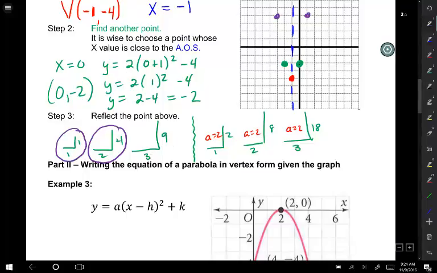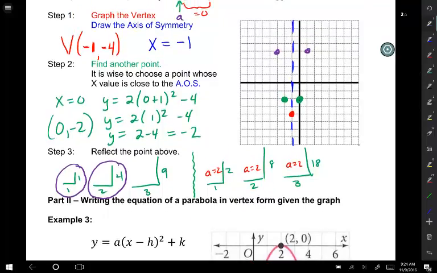And (3, 9) stretched vertically becomes (3, 18). You with me? Now, we could shrink it as well if it was like a 1/2 or a 1/3 or whatever. It just has to do with how much we're stretching or compacting. You can always go back and plug another point in if you'd like.